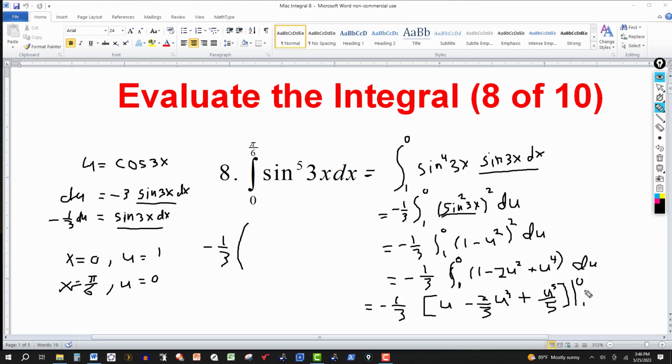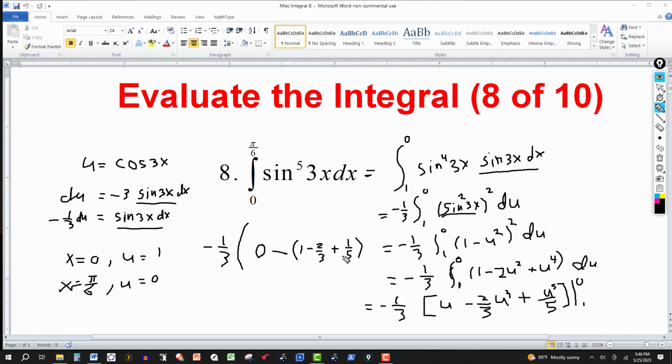Okay, so obviously we're replacing the u by 0, upper limit. So every term's going to be 0. So we're going to get 0 minus, and then for the next one, replacing everything by 1. So this will be 1 minus 2/3, and the next one, 1 to the 5th is 1, we get 1/5.